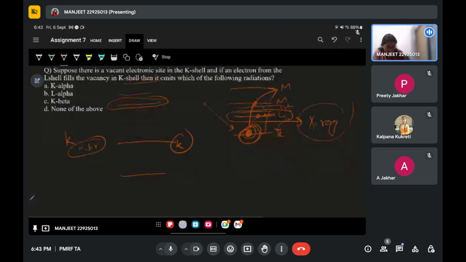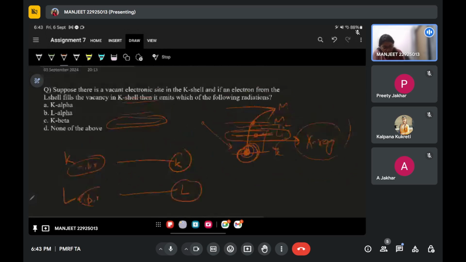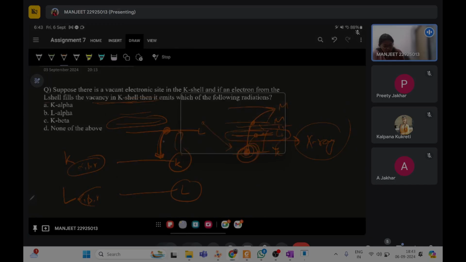If it is coming to L, then it will be L alpha, beta, gamma. Here there is a vacancy in the K shell, and the electron comes from the L shell, the next shell, to the K shell.